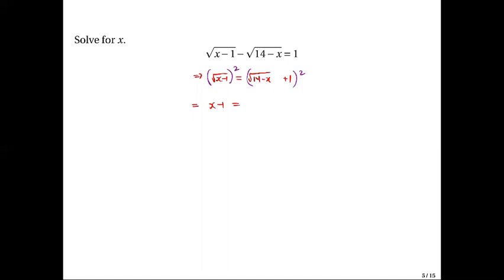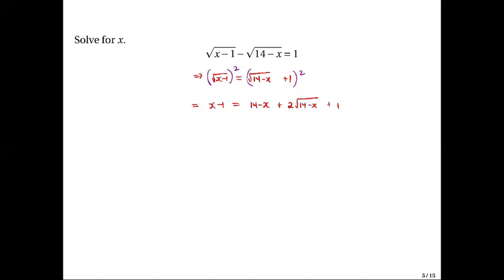We need to square this part here, that's just 14 minus x, plus twice the product of this and this, so 2 times 1 times square root of 14 minus x. Then plus, we have to square this, 1 squared, that's just 1. Okay?